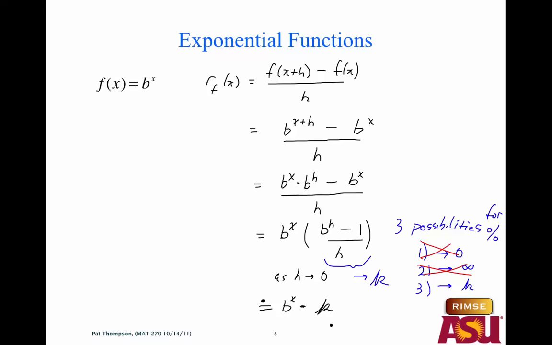We're not going to show it, but it turns out that k is the natural log of b, the base that you have in your function. So it's a nice simple result for the rate of change of an exponential function.